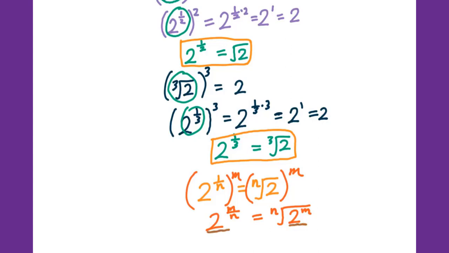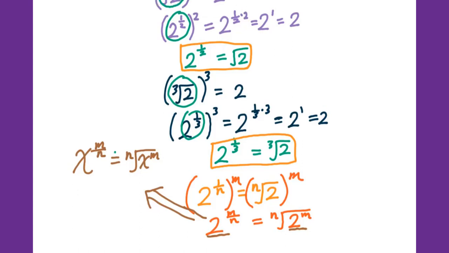We will get the general form: x to the m/nth power means the nth root of x to the m-th power. For calculus, when you apply the power rule of derivative, you need to know the backwards, which means the nth root of x to the m-th power equals x to the m/nth power.